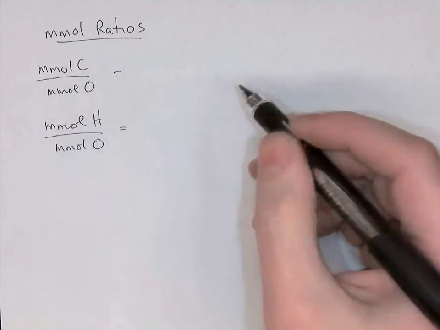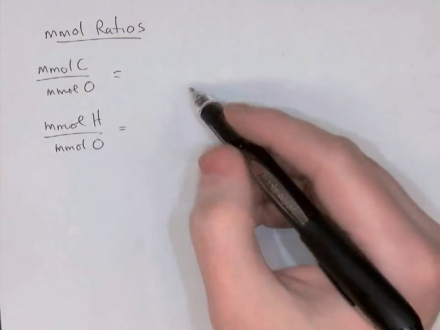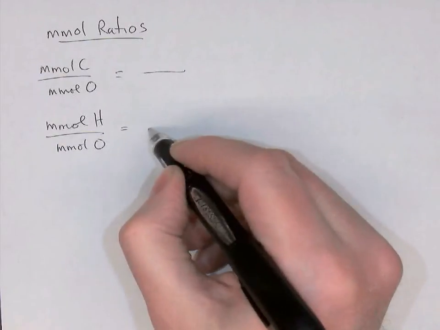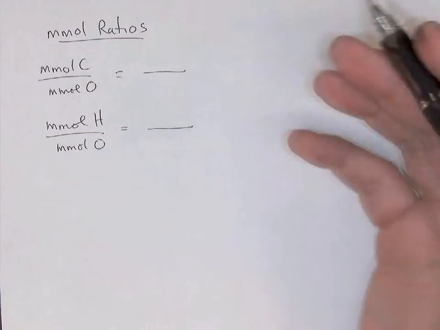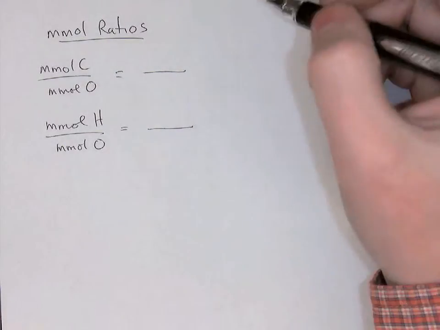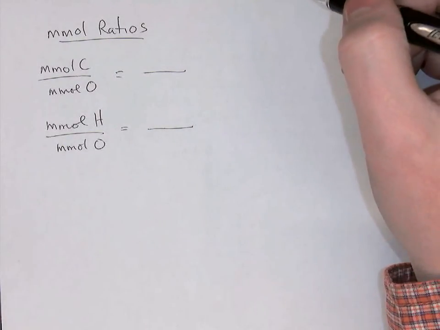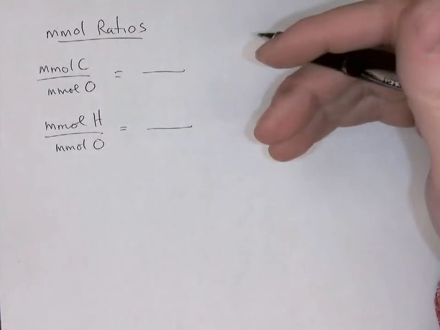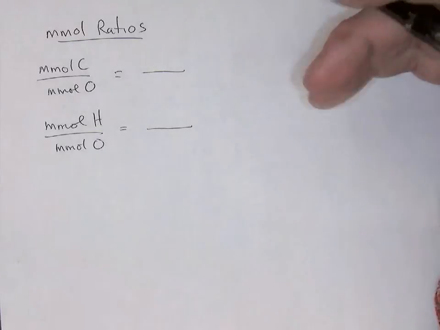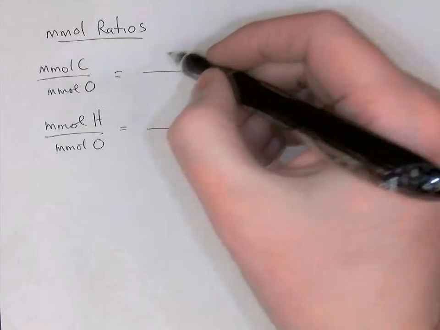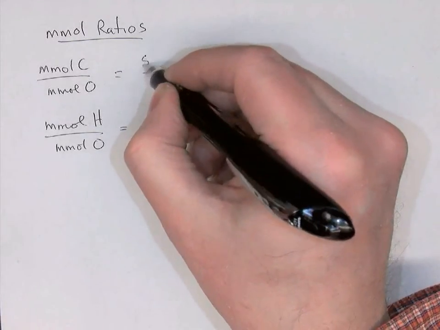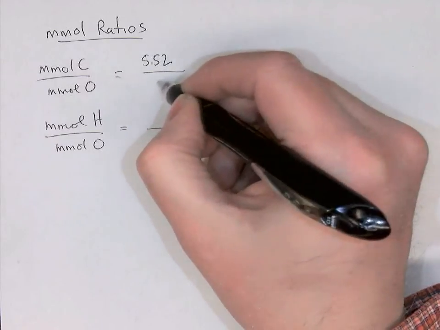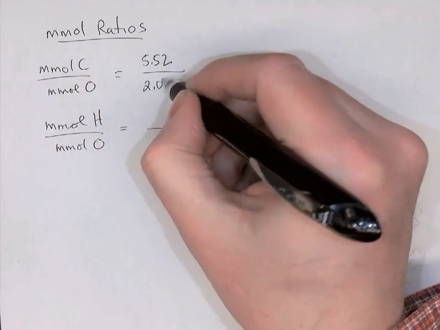The logic behind dividing by the smallest number is simply to ensure that our answers will all be bigger than 1. If we divide by the smallest number, all of these answers are going to be bigger than 1. We won't have any decimal answers less than 1. It really doesn't matter, but it's a little bit easier for most people to deal with that. So the carbon was 5.52 millimoles, and the oxygen was 2.07.